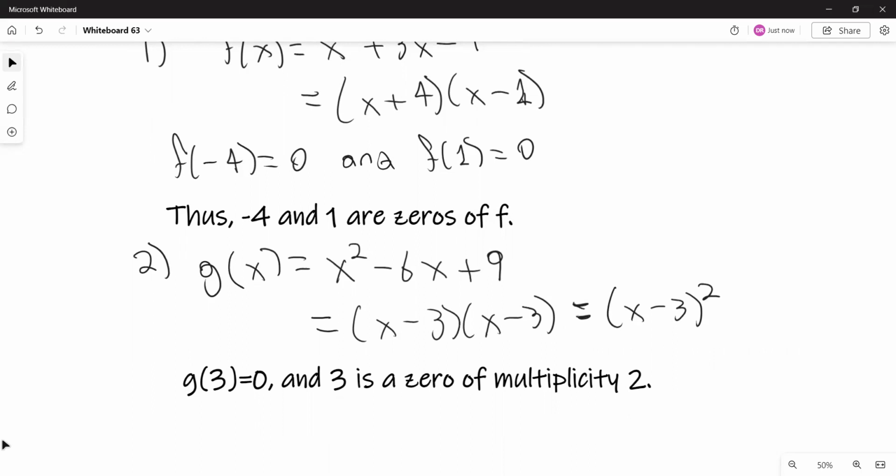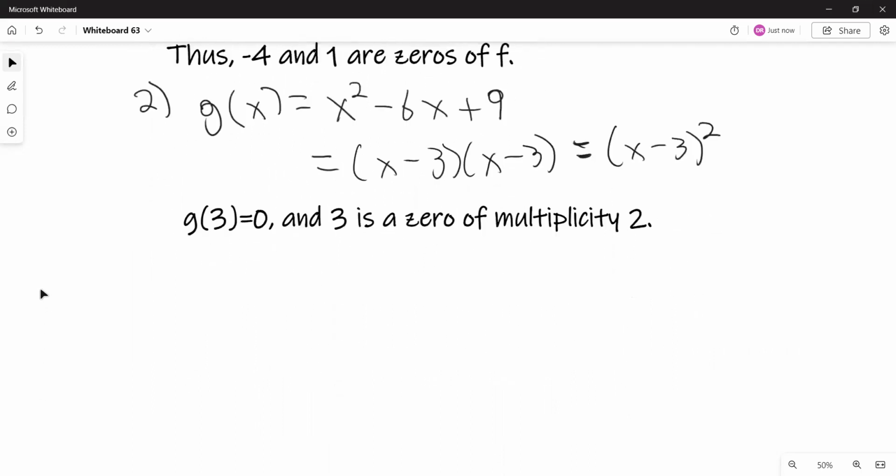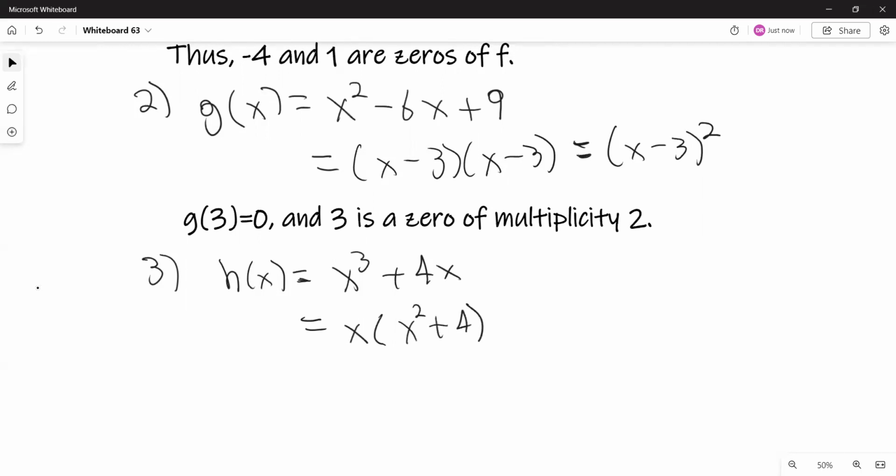And number 3, we are going to bring back complex numbers. h of x is x cubed plus 4x. We can write this in factor form. We can first factor x. This factors as x times x squared plus 4. And x squared plus 4, we're going to factor with complex numbers.